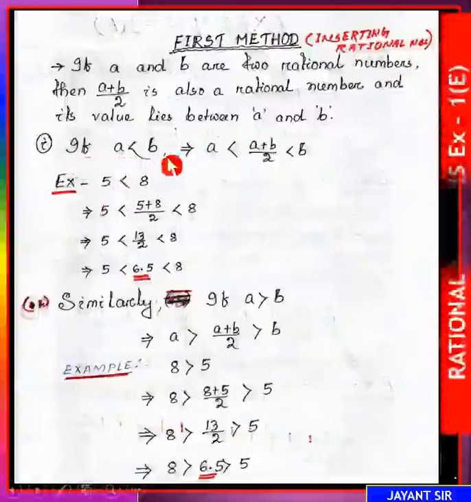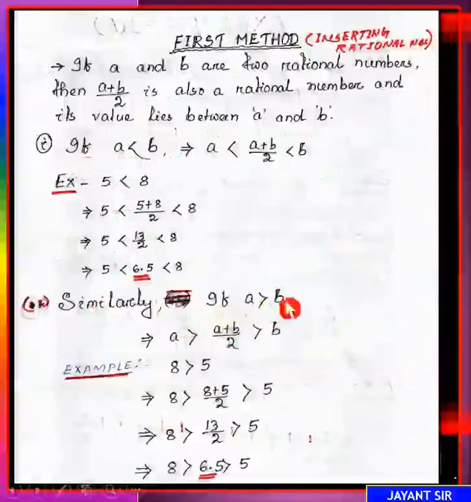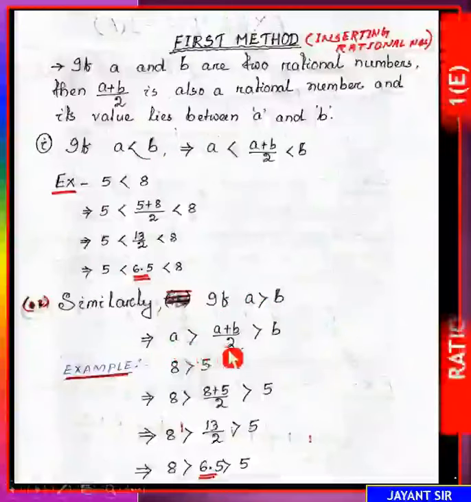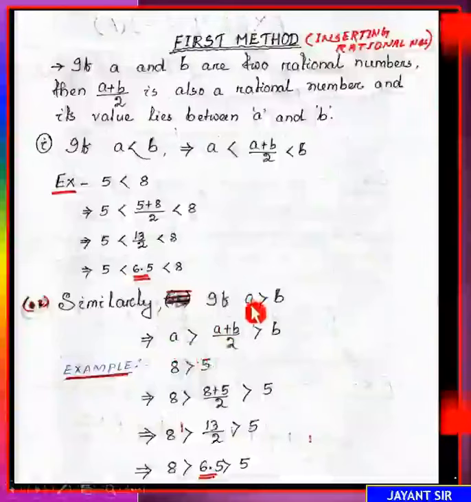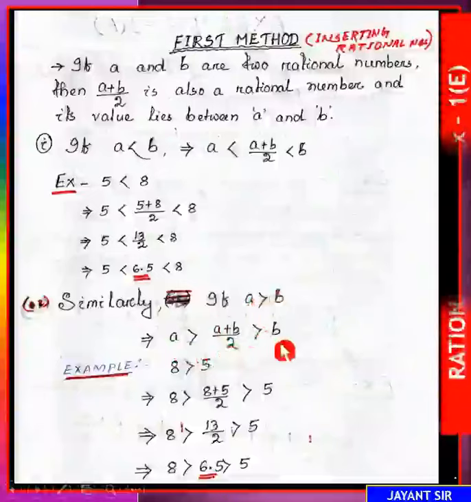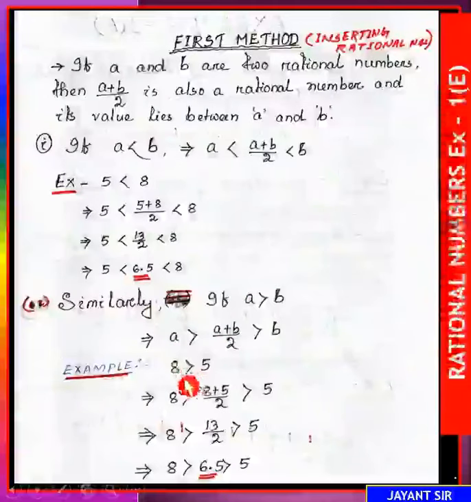Similarly, here A less than B I had done. We can do the same way if A is greater than B. The middle number A plus B by 2 is greater than B. Look at the example, 8 and 5. 8 is greater than 5.